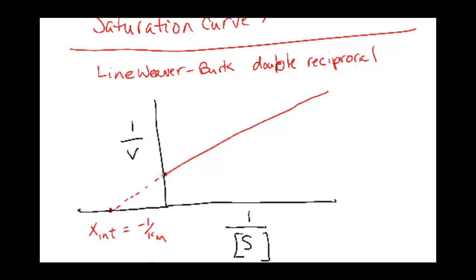The y-intercept of the Lineweaver-Burke plot is going to be 1 over Vmax. And then the slope, this line, is going to be equal to Km over Vmax. Alright, that's quite a bit of information that we get there.